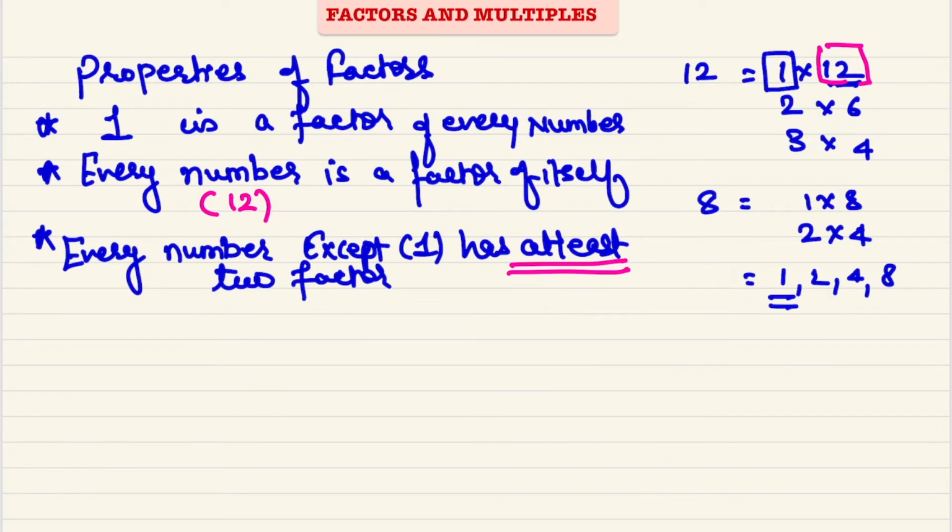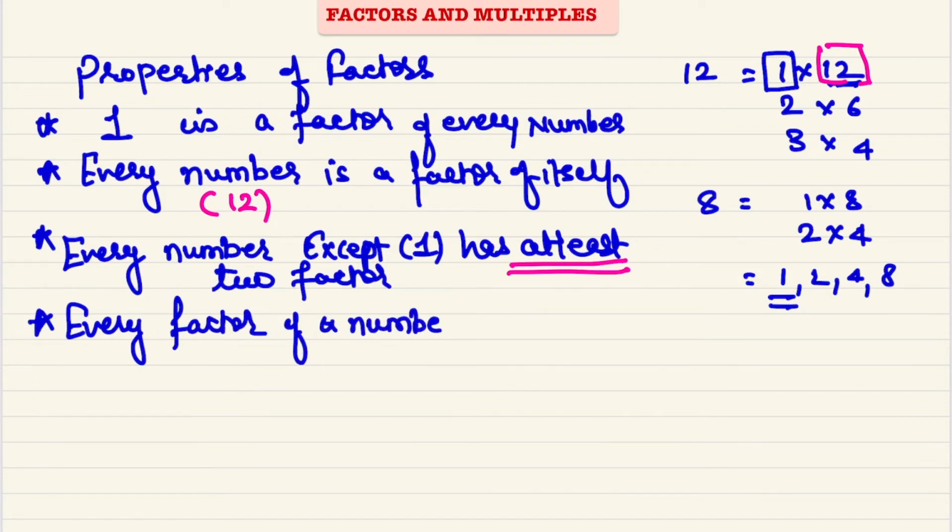Next, every factor of a number is less than the number. So we have seen the factors of 12. Every factor of a number is less than the number.